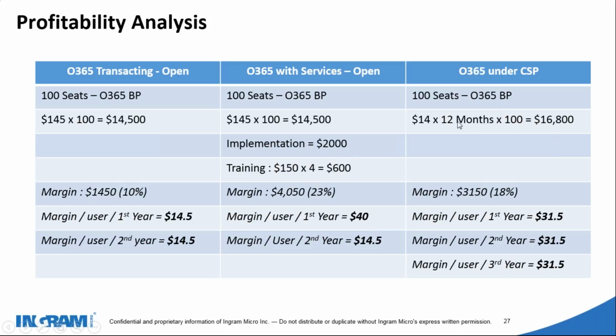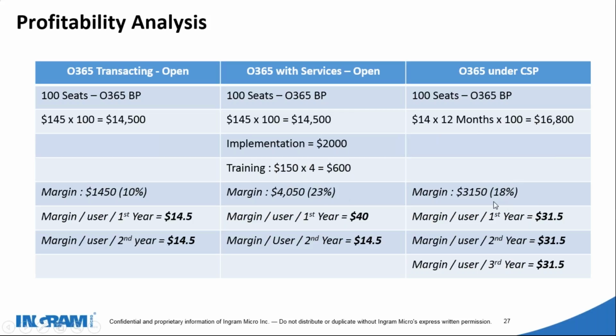What we are saying is, when you do a monthly model with CSP and you have only a flat number called $14, which is $2 more than your actual product price, and you say, Mr. Customer, I'll do everything, you just pay me on a monthly basis. That's a solid benefit to your customer, because he's getting all of that but paying monthly, which is a much better deal. And he will go with you rather than anybody else giving a lump sum price in today's world.